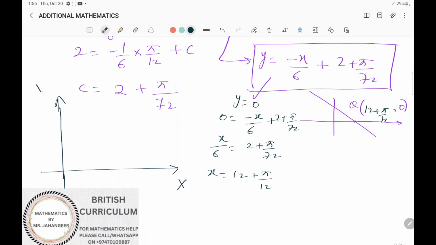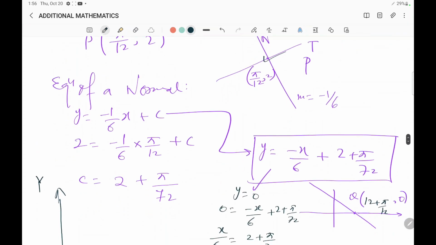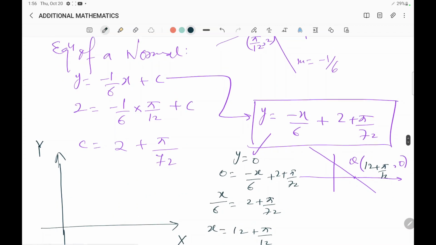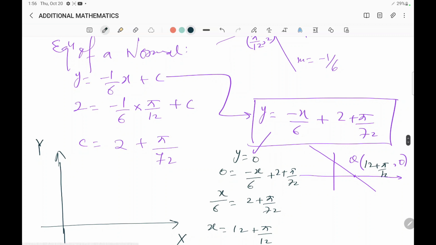This is the x-axis, this is the y-axis. Point P is pi by 12 comma 2. So this is pi by 12, and this point is pi by 12 comma 2. Okay, this is my point P.